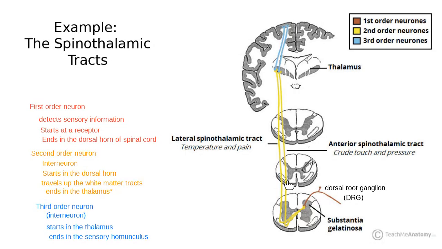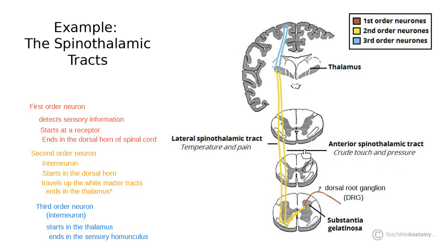We have two different superhighways, or two different tracks that start in the spinal cord and end up here in the thalamus. If we're sending it through the superhighway on the front, we'd be sending information about the general shape of something. That's what crude touch is, kind of like the shape of something, and pressure, so how much it weighs.